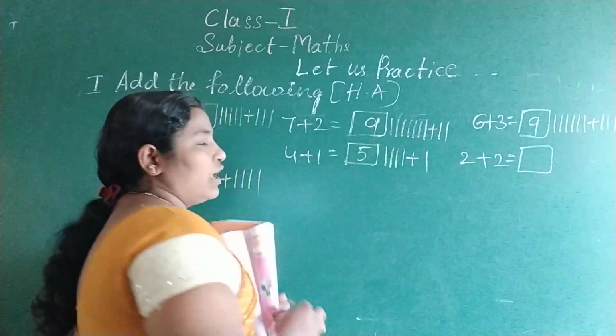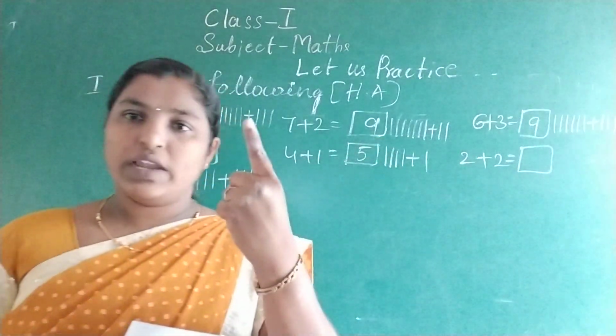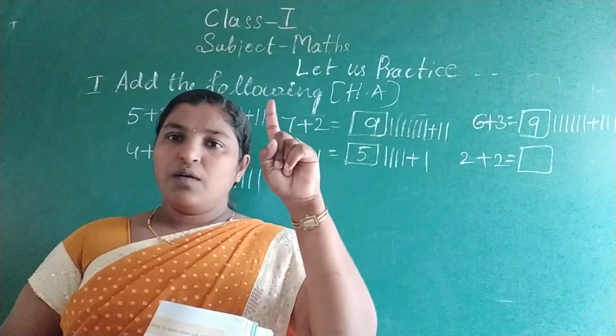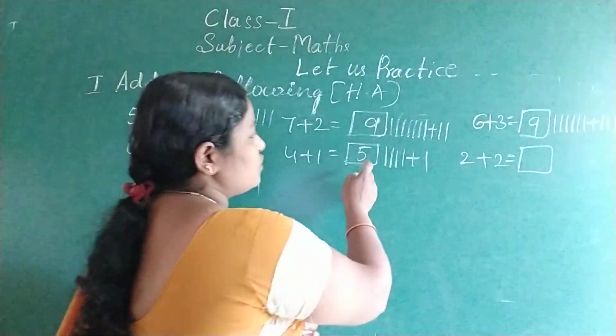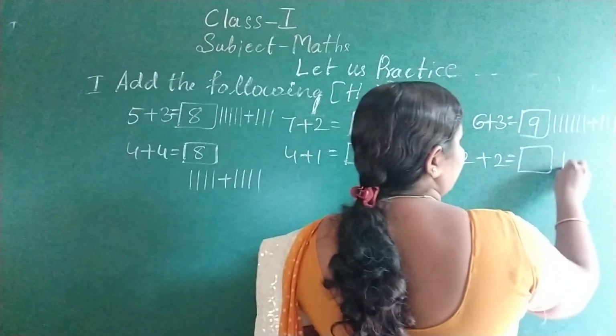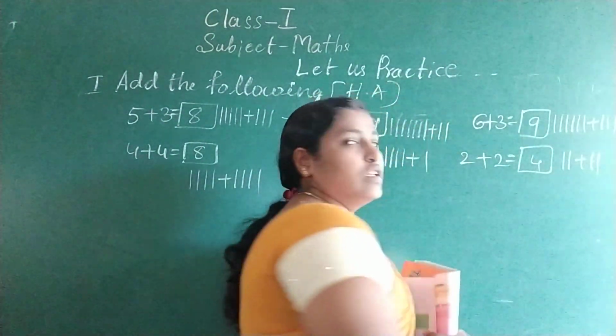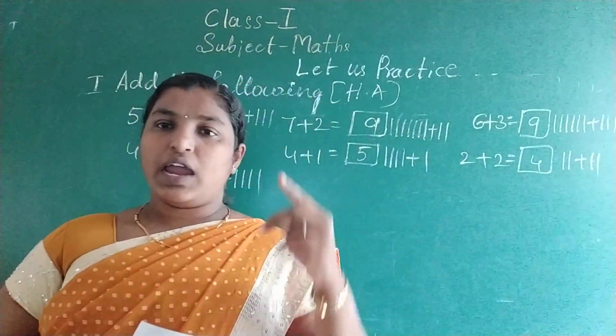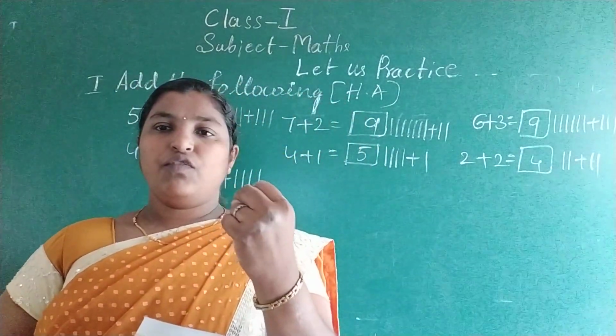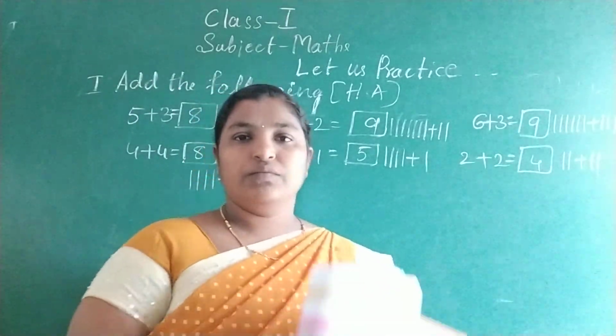Answer is 5. 4 in your mind, 1 in your hand: 4, 5. So the answer is 5. 2 plus 2: 1, 2, 3, 4. So 2 in your mind, 2 in your hand: 2, 3, 4. Answer is 4.